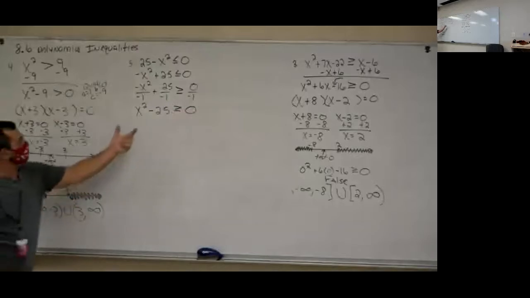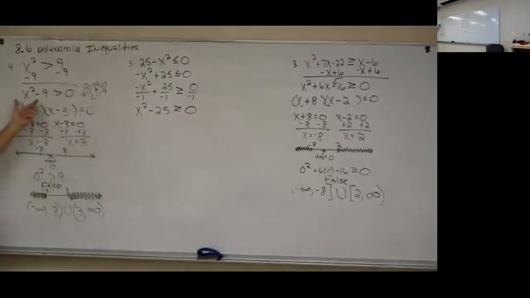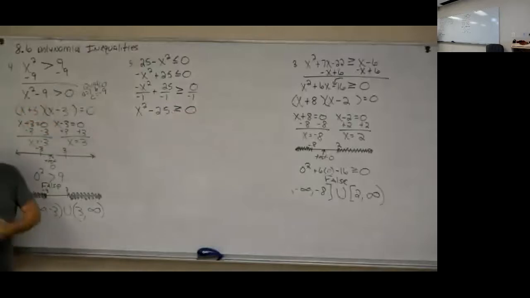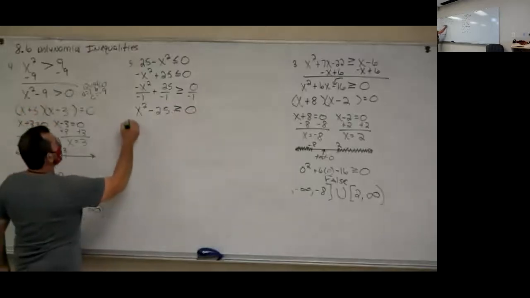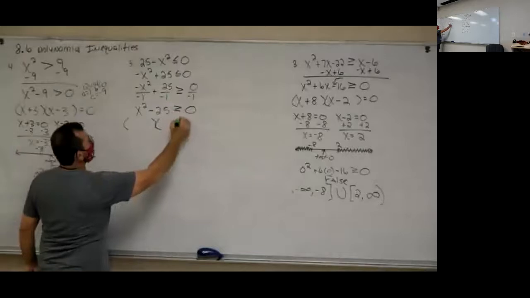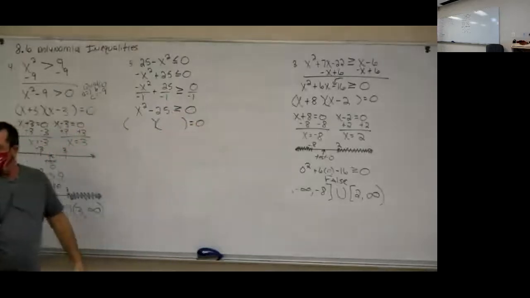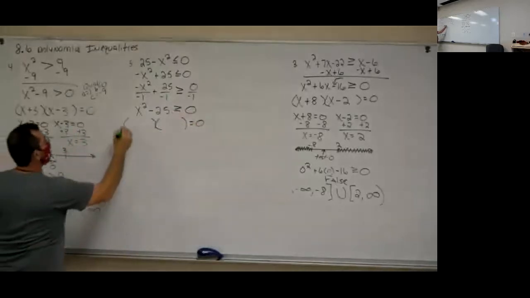But hey, that x squared minus 25 looks just like this x squared minus 9 I had over here, right? The only difference is it's a 25 instead of a 9. So I'm going to factor that. And it's already going to be x plus 5, x minus 5.